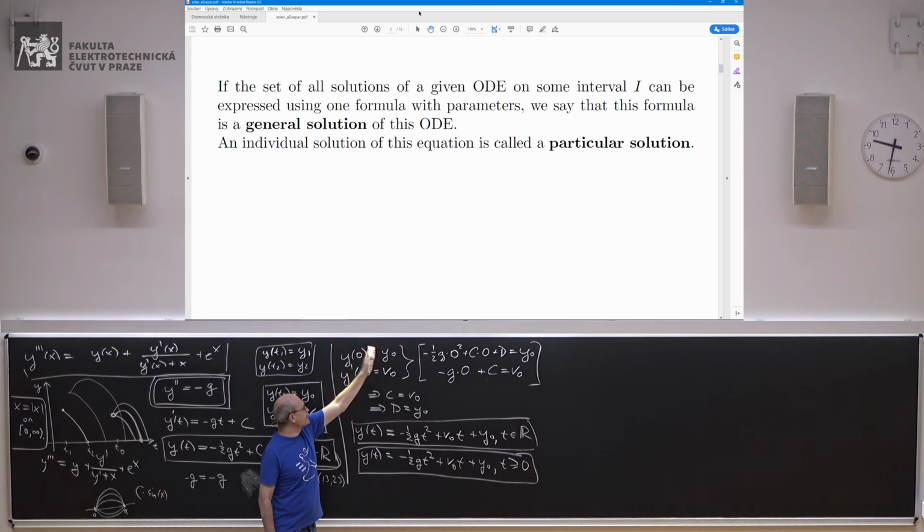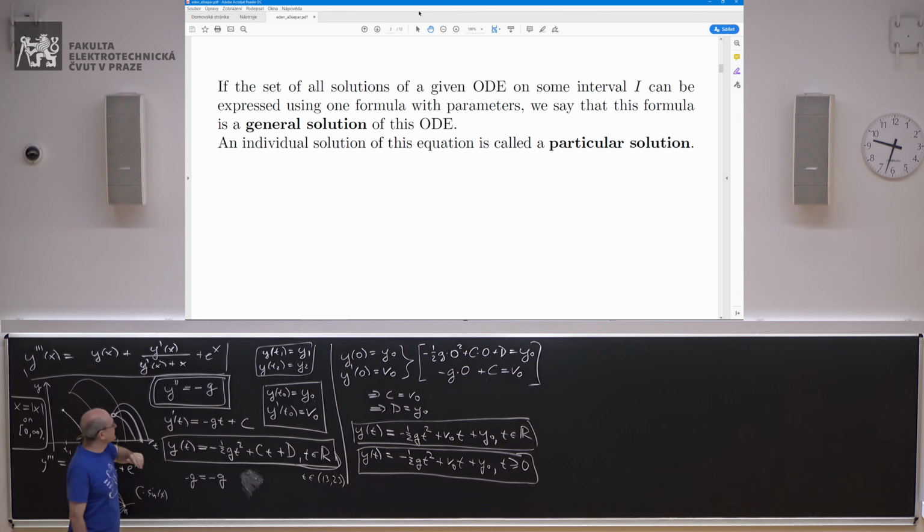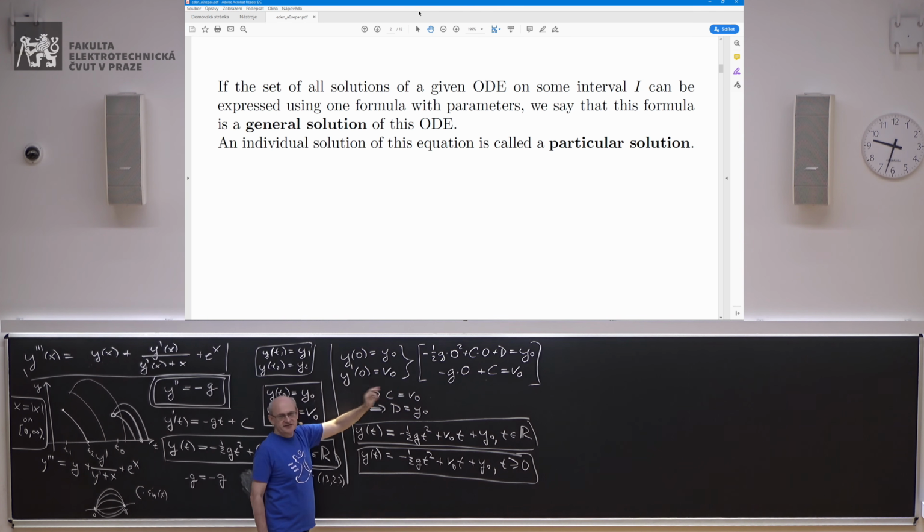You specify what's happening at the start. Now, if you get lucky and your differential equation has order n, you get a solution which has n parameters, and then you expect that you will need n conditions to actually specify a certain process, a certain specific particular solution. So this has a name.